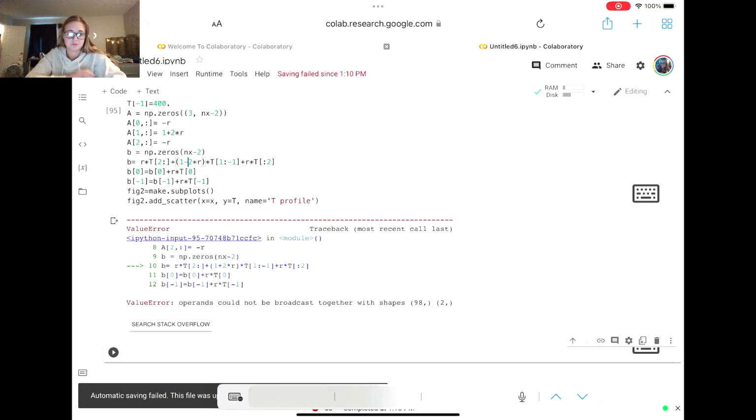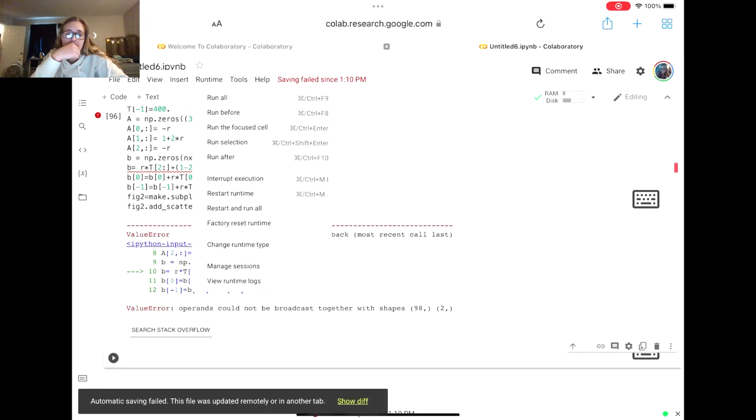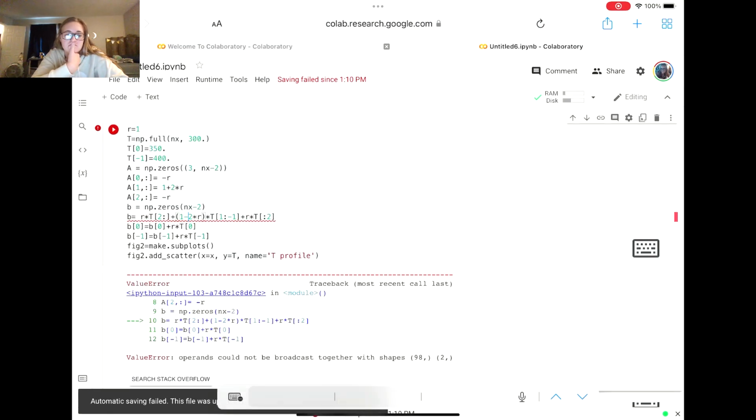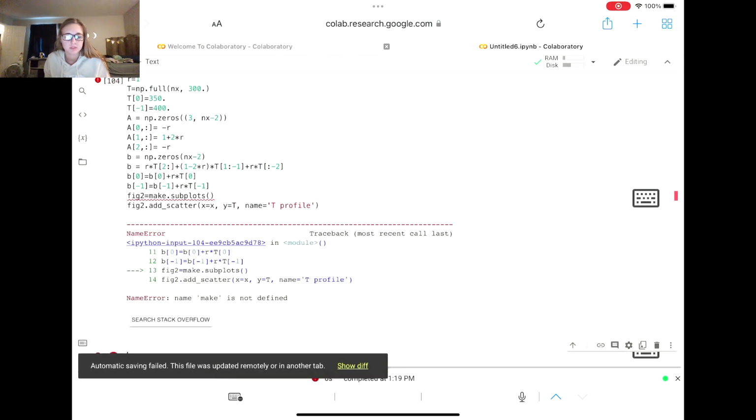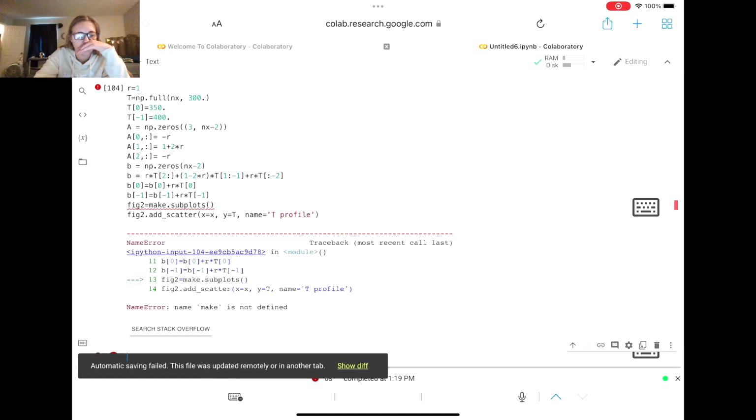All right, let's try that. Let's just run it all. That's why. That's supposed to be a -2. Okay. Fig 2 equals make underscore subplots. There we go.